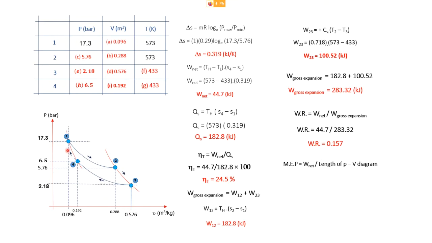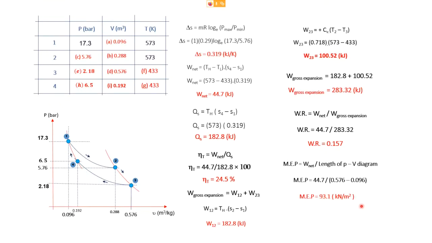The length should refer to the distance between the two outermost points. So this length here should be 0.56 minus 0.096. So you've got your MEP, the mean effective pressure, to be 93.1 kilonewton per meter square.